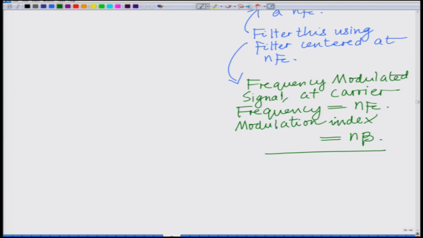So, that is the importance. That is how we generate a wideband frequency modulated signal using the indirect method.